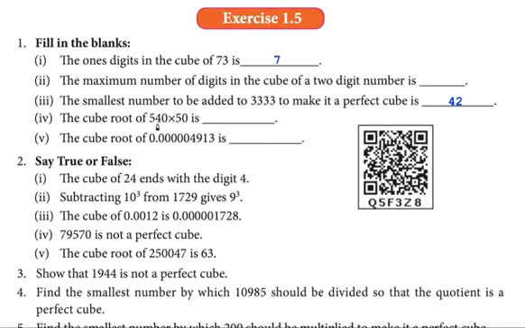I'm putting it into a factorized form, but not a proper form. Prime factorization I'm not doing. I'm doing my own factorization. 27 I can write as 3 into 3 into 3.